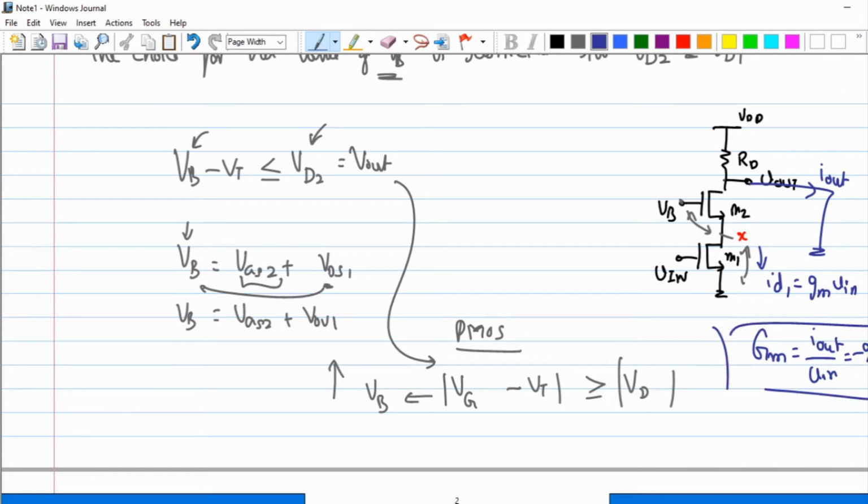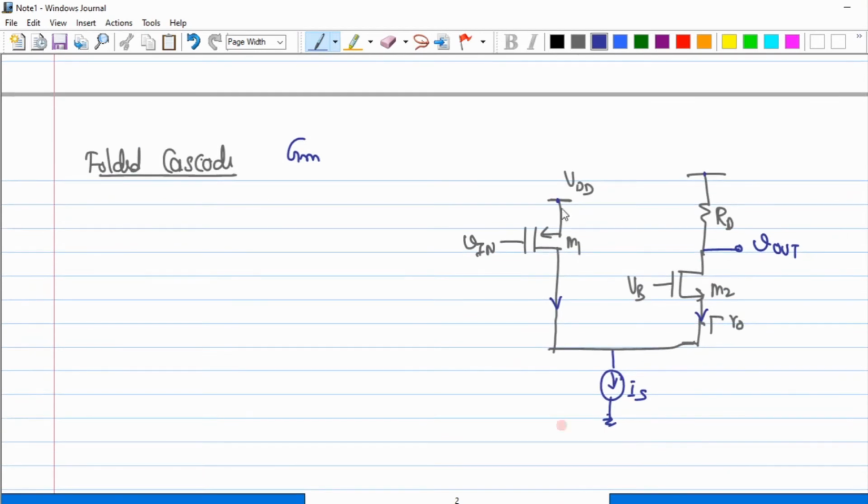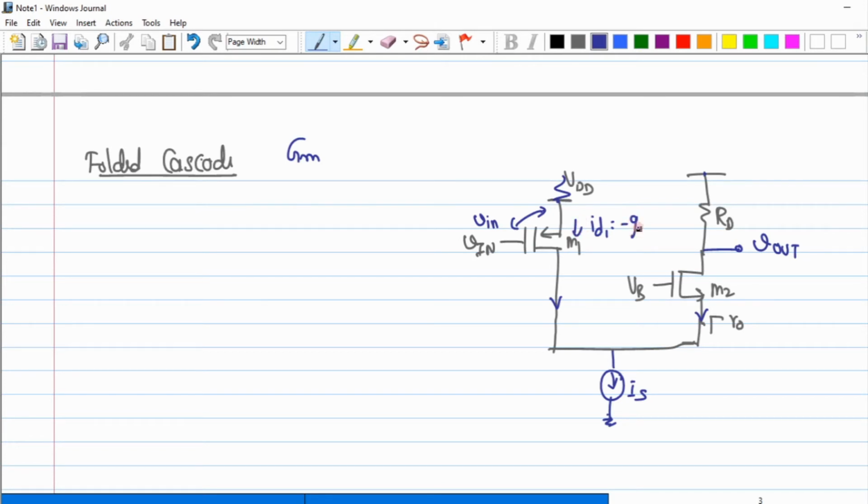Can I use the same rule for this circuit? What happens to these nodes when I translate them to small signal? This goes to the ground. I have the small signal Vin, and there is a potential difference between the gate and the source, due to which a current flows across M1. That current value is the same ID1, and I will write it as minus GM1 times Vin.